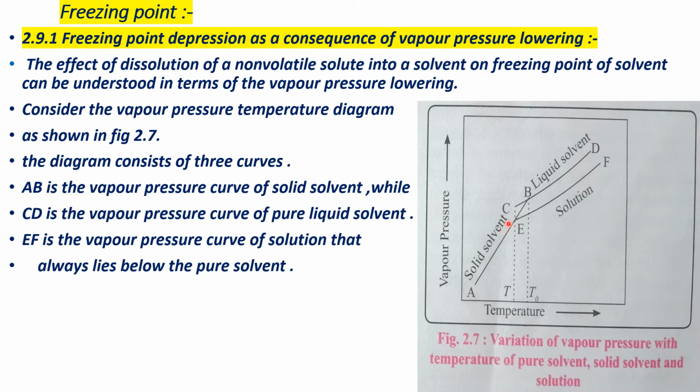CD is the vapor pressure curve of pure liquid solvent, and EF is the vapor pressure curve of solution, which always lies below that of the pure solvent.